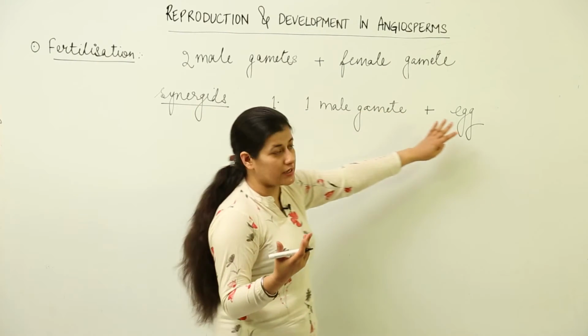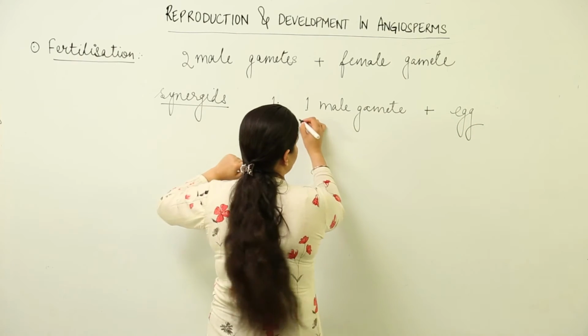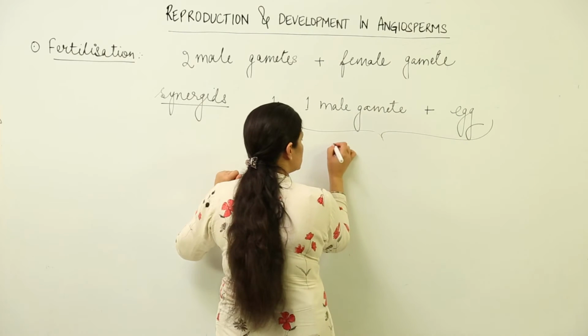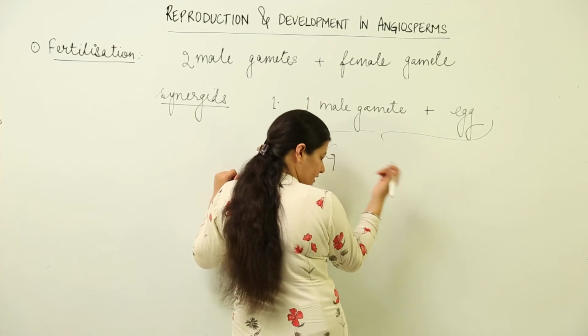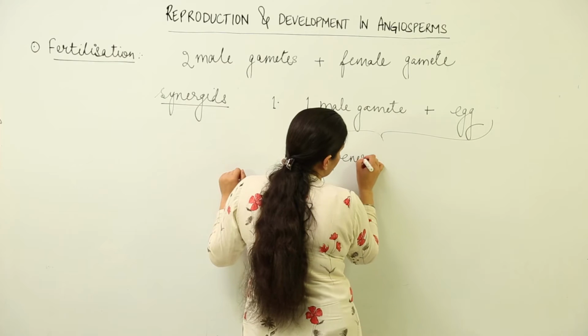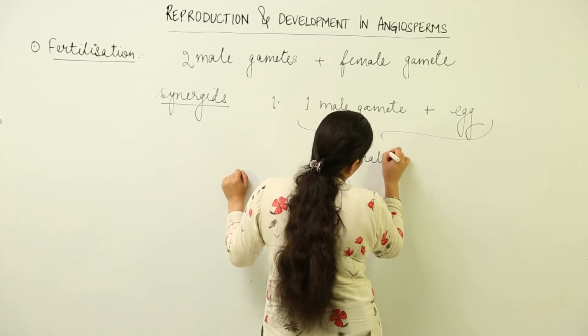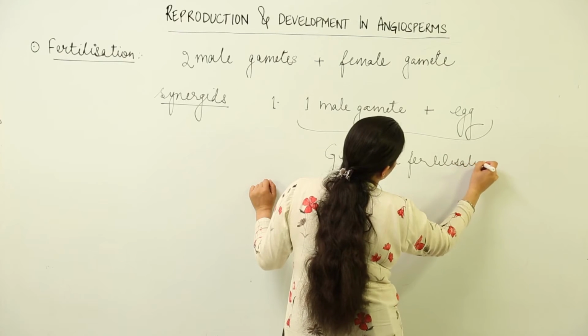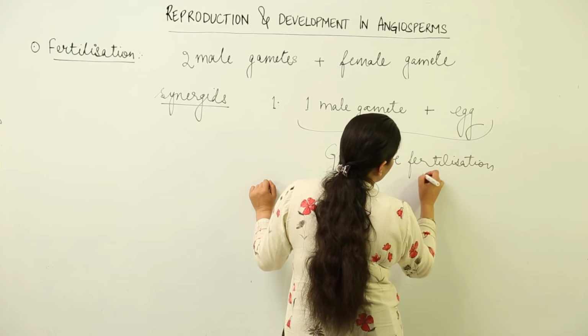One male gamete combines with the egg, and this particular process is known as fertilization, but it has a name, that is generative fertilization, otherwise known as syngamy.